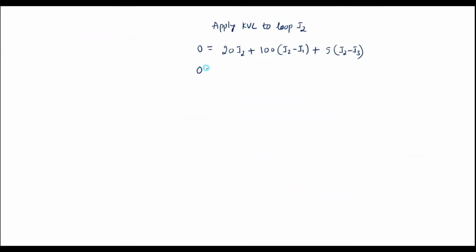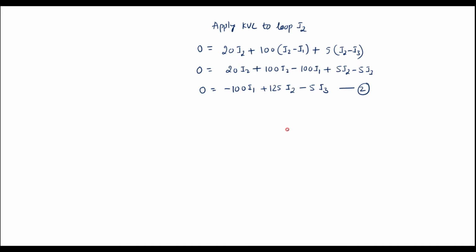Let me simplify this. 0 is equal to 20 I2 plus 100 I2 minus 100 I1 plus 5 I2 minus 5 I3, or I can write 0 is equal to minus 100 I1, plus 20 plus 100 plus 5, that is 125 I2, minus 5 I3. Let me call it equation 2.